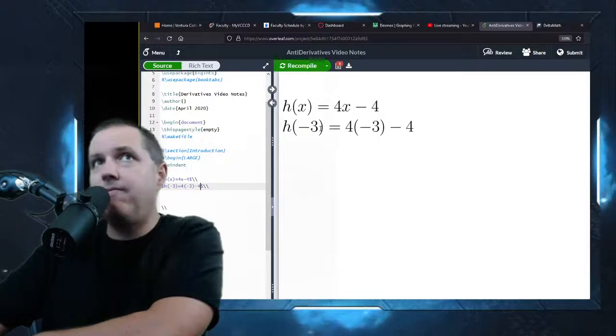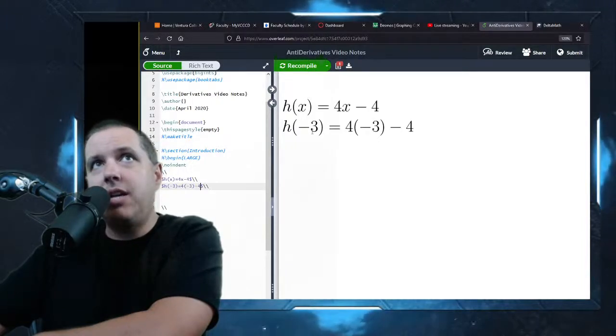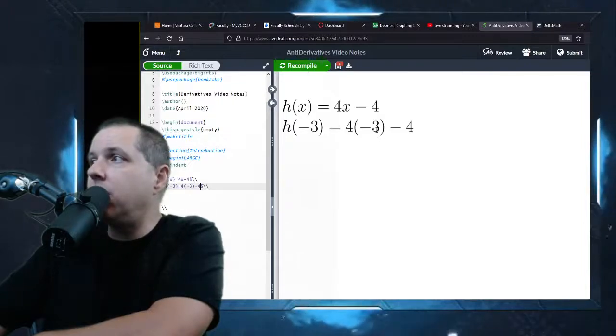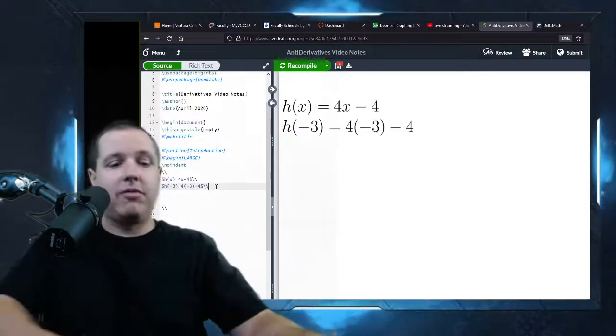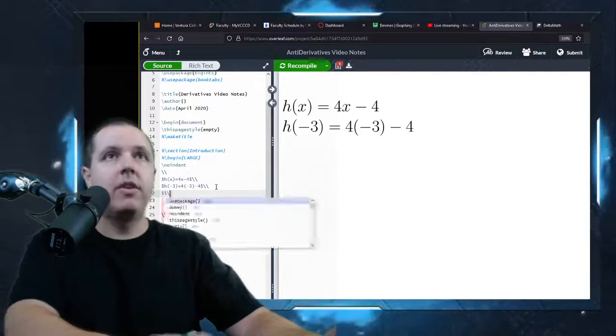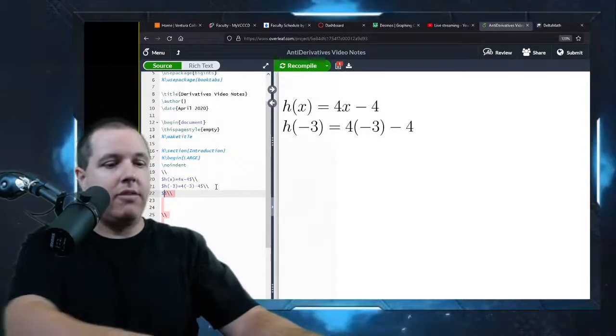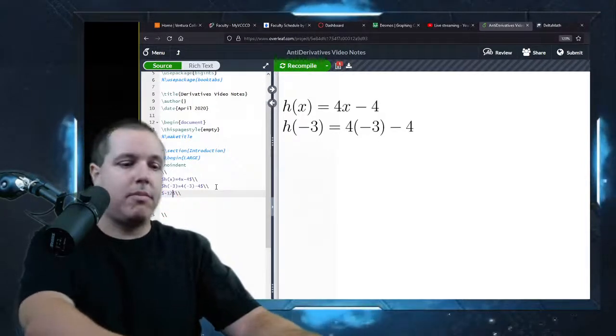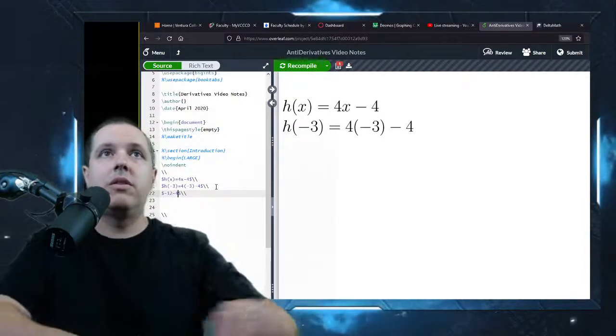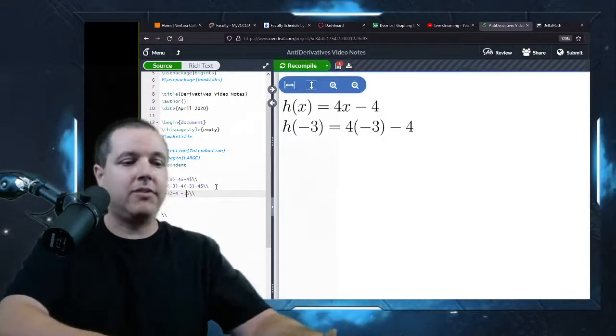It's the input, right? And then from there, we just sort of simplify, right? So that would be what? Negative 12 minus 4. Negative 12 minus 4 should be negative 16.